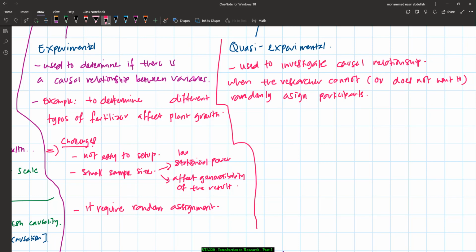Right. So in this case, it's the difference between experimental and quasi-experimental.